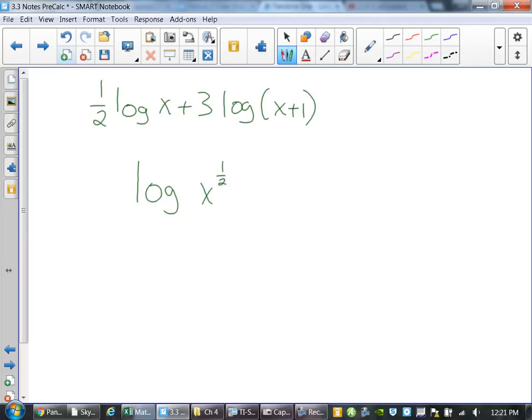Can I write it as the square root of x? Is it okay if you leave it to the 1/2? Yes. It's okay. And to be honest, I really don't mind. I think the book might actually write it as a square root or a cube root. But if you're condensing things, if you want to leave it with the exponent power, that's okay. And then what do I have to multiply that to? 1. 3. x plus 1. 2. Cube.